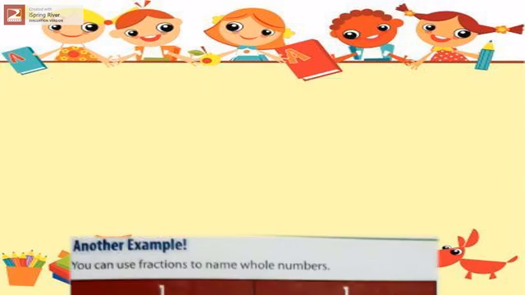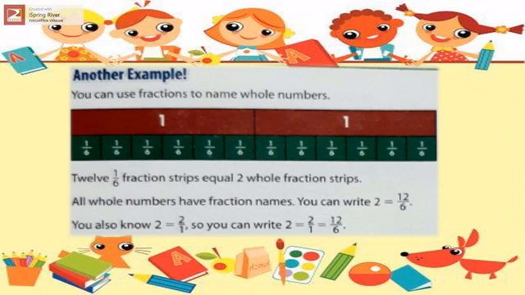Okay, now let's have another example. You can use fractions to name whole numbers. So 12 1/6 fraction strips are equal to 2 whole fraction strips. All whole numbers have fraction names.